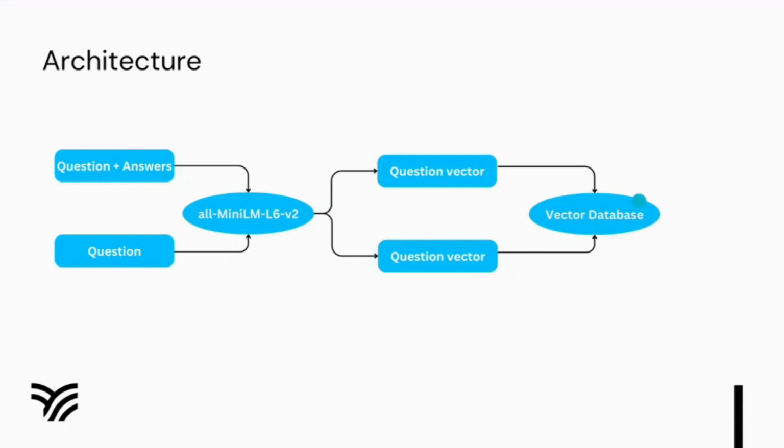The vector database uses a similarity algorithm and will give us the similar question and its appropriate answer. So that is the high level architecture of our application, and in later slides we will see how each component of our application works.